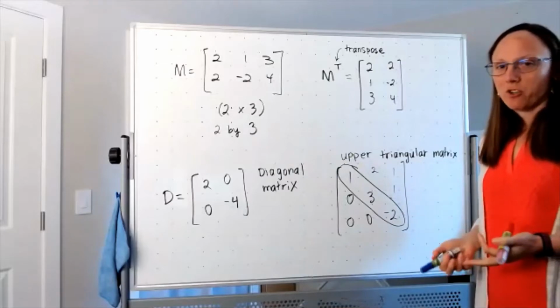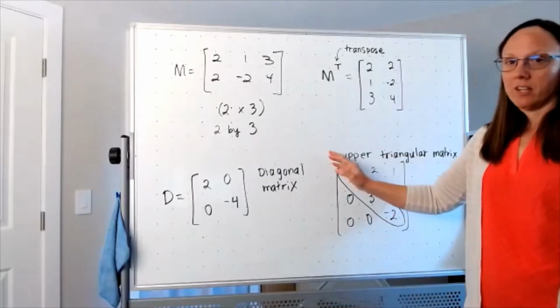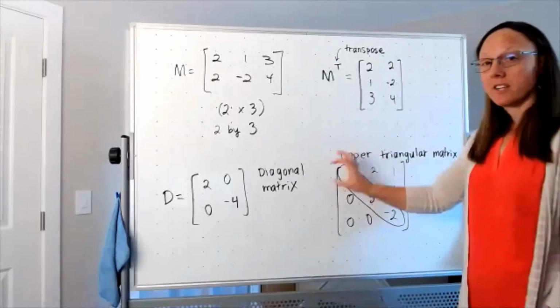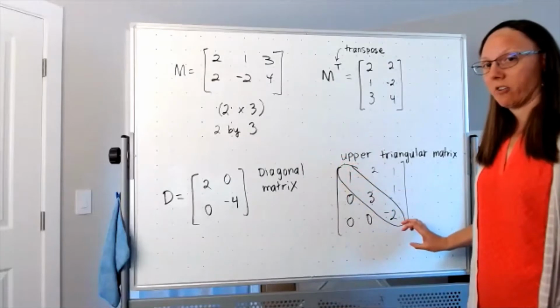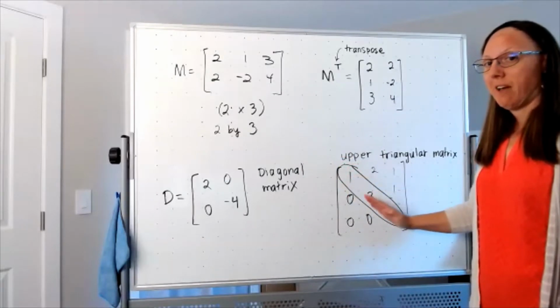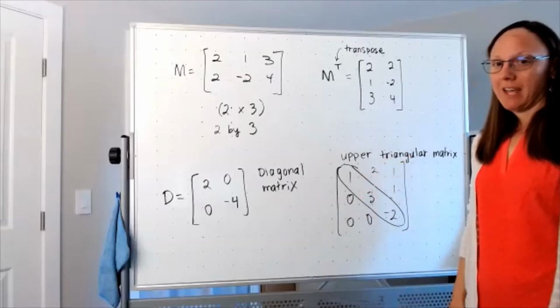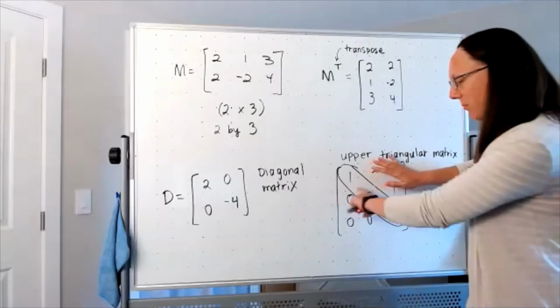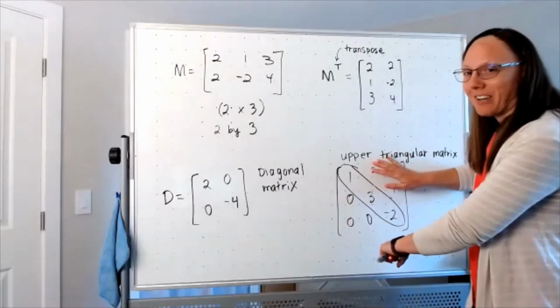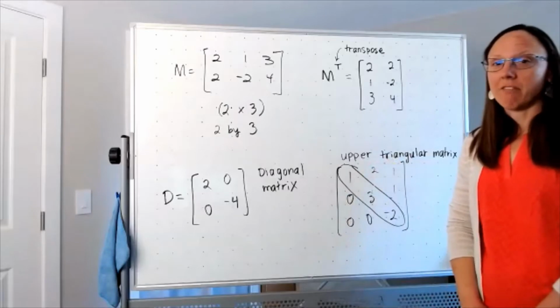And we call it upper triangular because it's always in reference to the primary diagonal. So this diagonal that starts in the upper left-hand corner and moves to the lower right-hand corner. If we have numbers above that, then we call it upper triangular. And you could probably guess that if I had zeros here and numbers down here, we would call it lower triangular. And you would be right. Mathematicians are not very clever with naming of things.